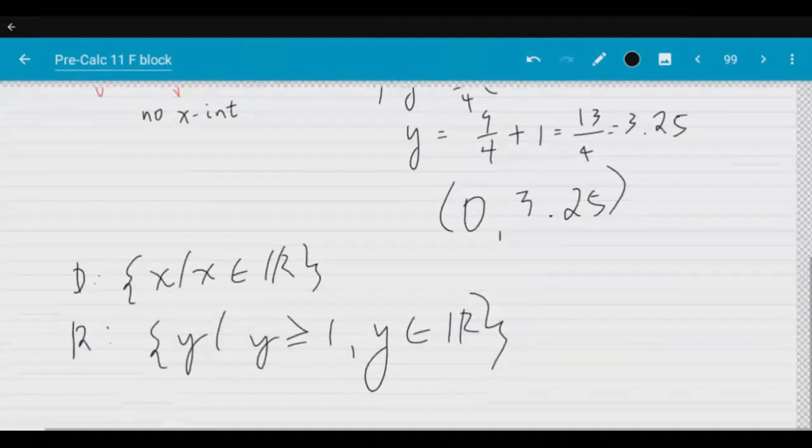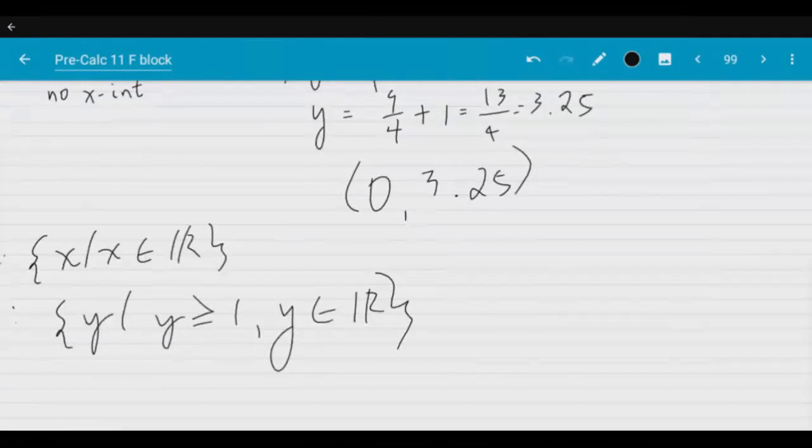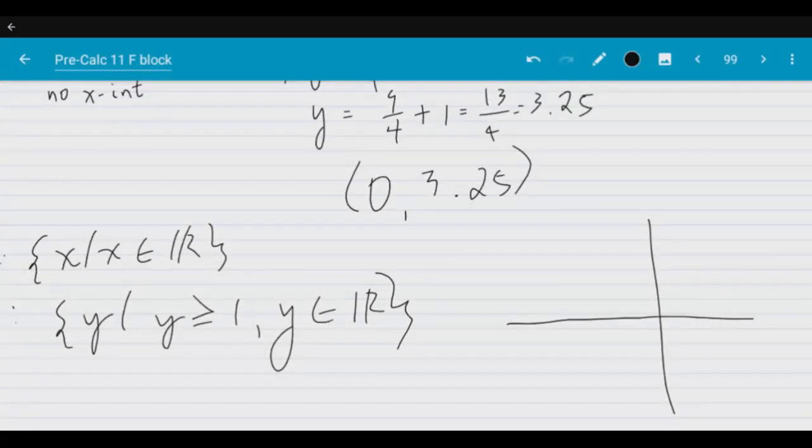So a quick graph of it. Let's just say that I don't know how the graph looks like. Okay. So let's just say that since the vertex is, what's the vertex again? 3, 1. Is that right? Okay. Just verify the vertex 3, 1. Okay. So if this is 3, this is 1, and this is 3.25.